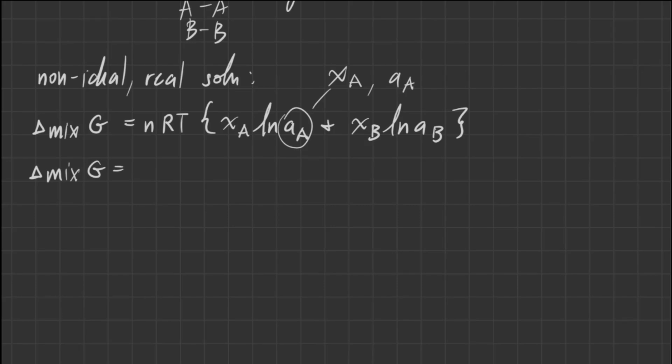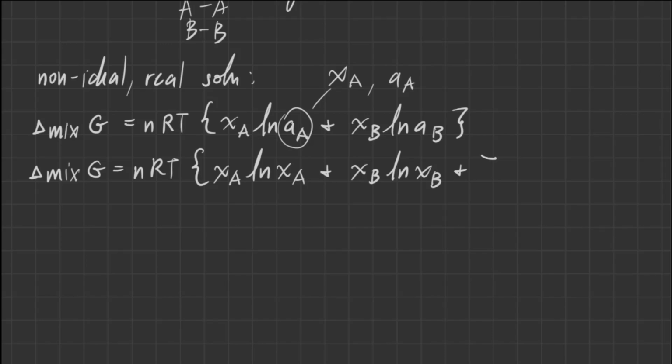So you could also express the delta G of a mixture of a real solution as nRT multiplied by the mole fraction of A times the natural log of the mole fraction of A plus the mole fraction of B times the natural log of the mole fraction of B plus this lowercase xi term. So if I can write a xi, there you go.